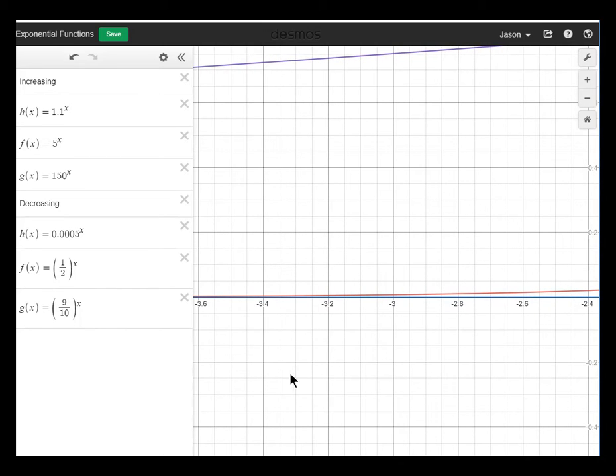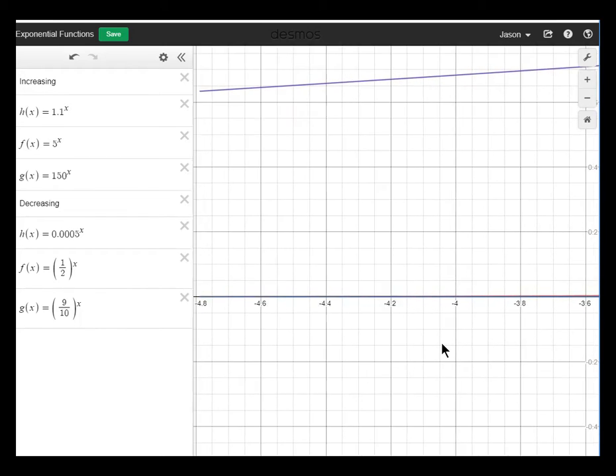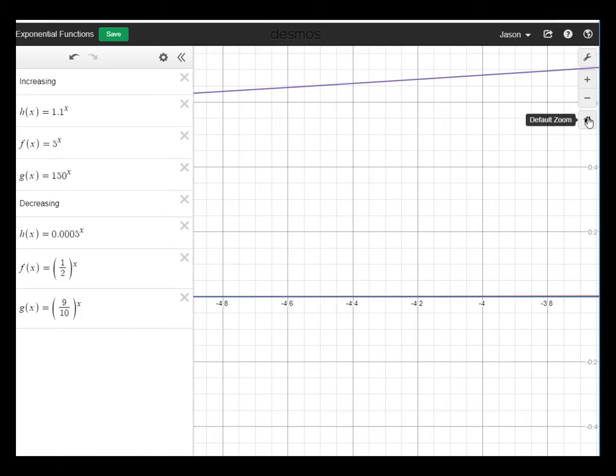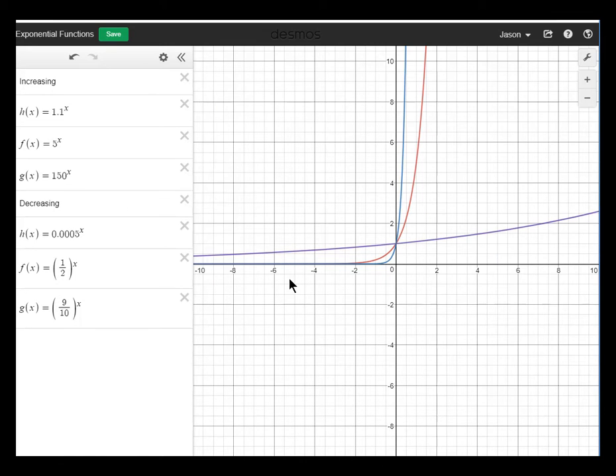And then we're starting to come over to purple, and it's going to take longer for it to get down there. But with that being said, my x-axis is my horizontal asymptote. And all three of these that I'm showing you are increasing, meaning that my value of a is greater than 1. And to also point out, all of them have the same y-intercept, (0, 1).